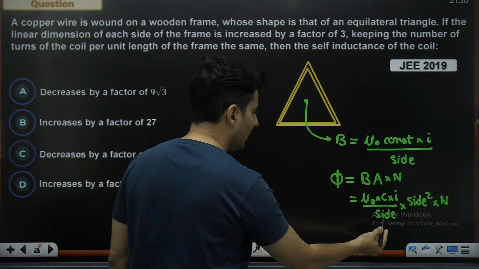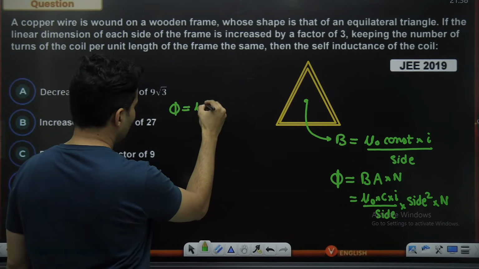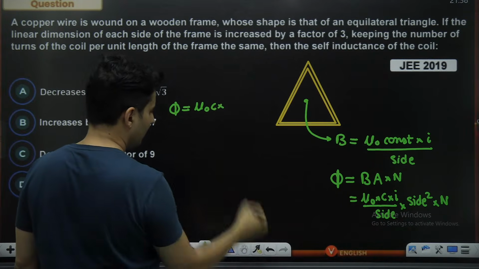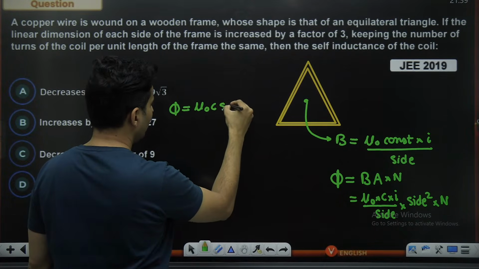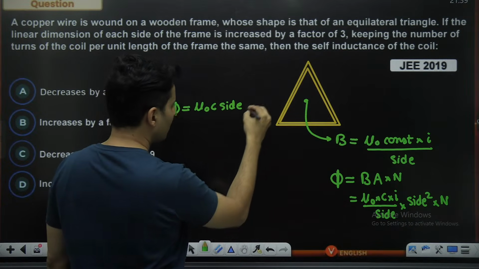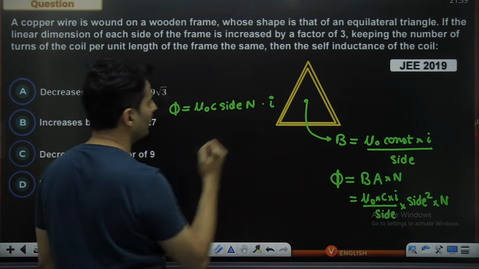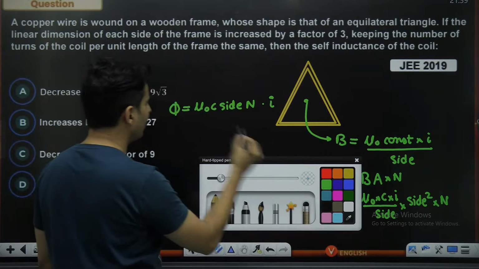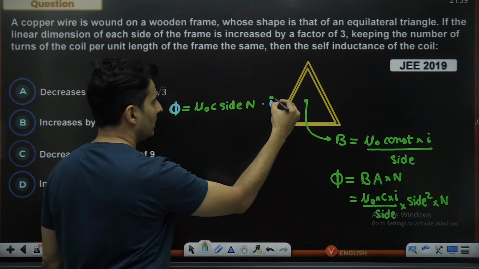All right. Now, if you rearrange it, how will it look? Mu naught is there, constant is there, and side and side square will cancel. You will have side over here. You will also have the number of turns, and then finally you will have the current over here. As you can see, flux is directly proportional to the current.